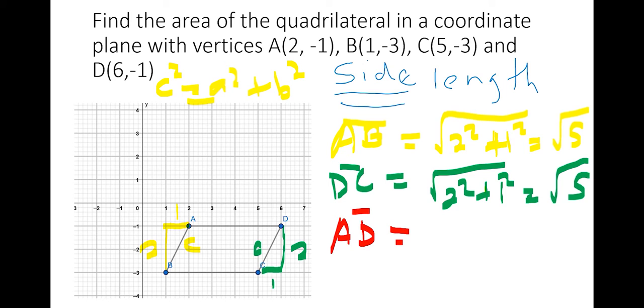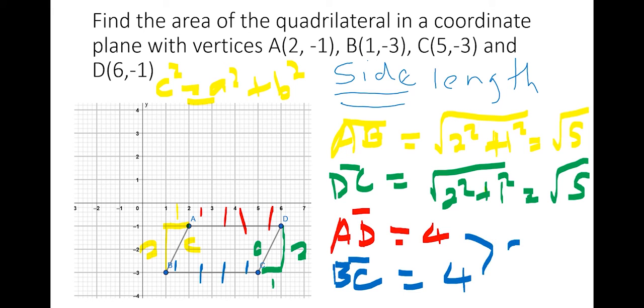We can count how many squares are there between A to D. So 1, 2, 3, 4. So it's 4 units. And then we find the side length for BC. Let's count our squares. 1, 2, 3, 4. So it's 4.